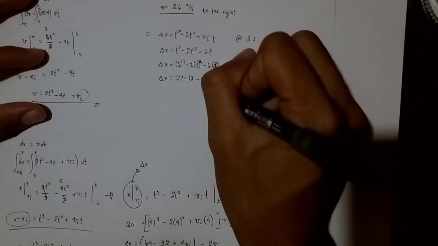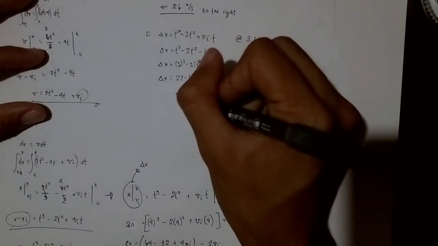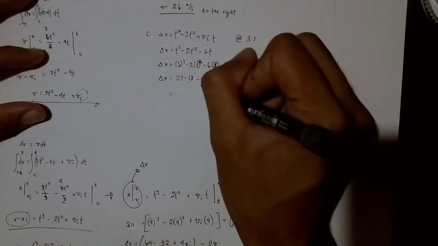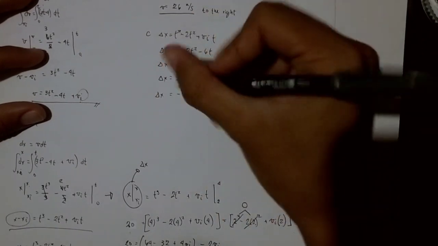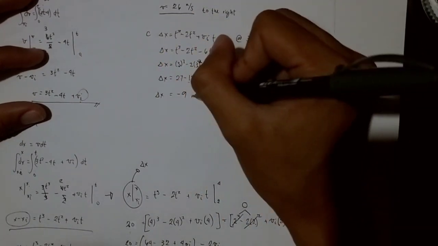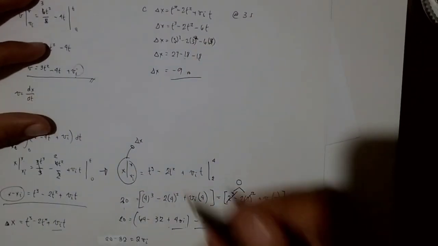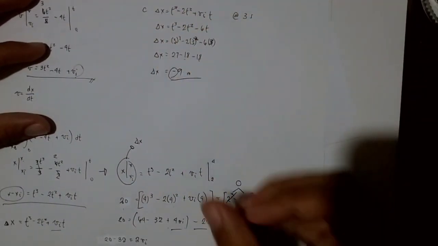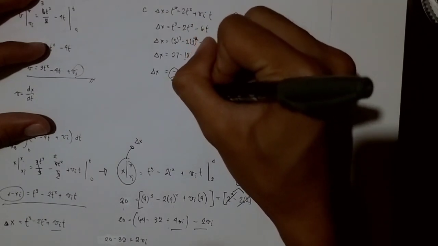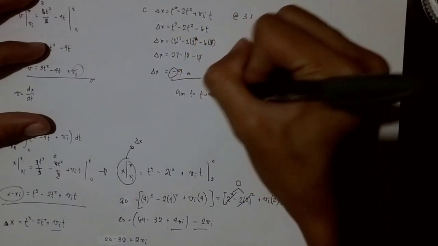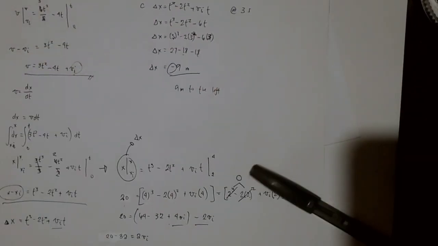Add these two terms, we have 36. We have 36 minus 27, but 36 is greater than 27, so we have negative 9 meters for the change of x. So this negative 9 meters, the negative sign here indicates that the particle is 9 meters to the left of the initial position. That's all.